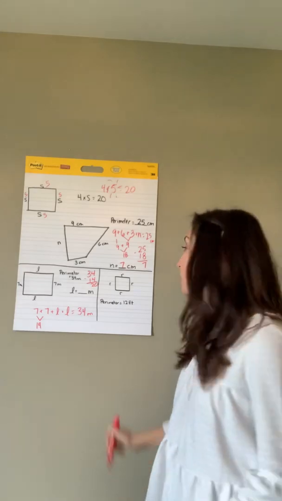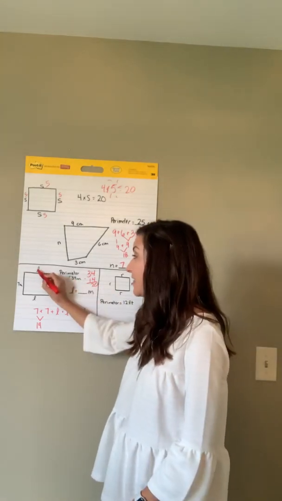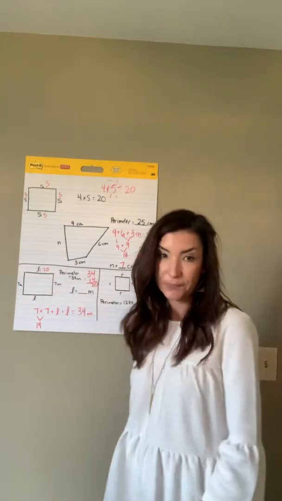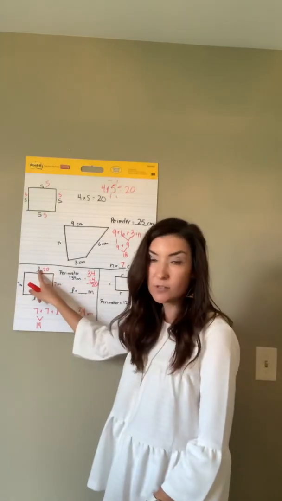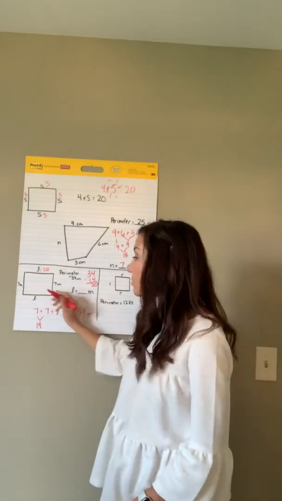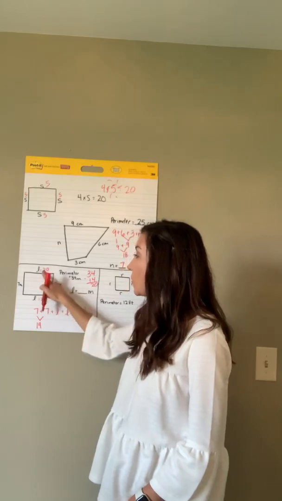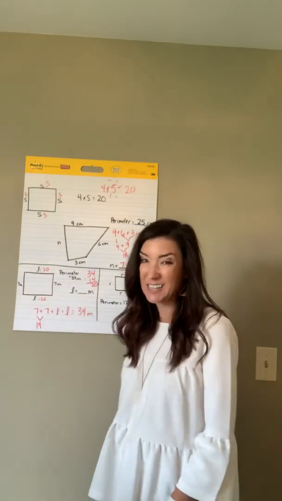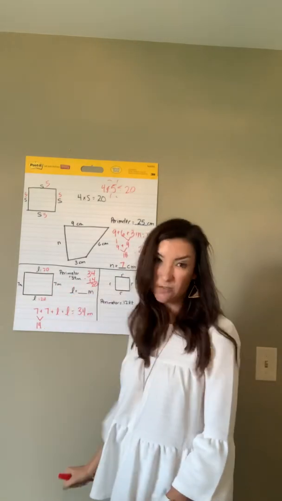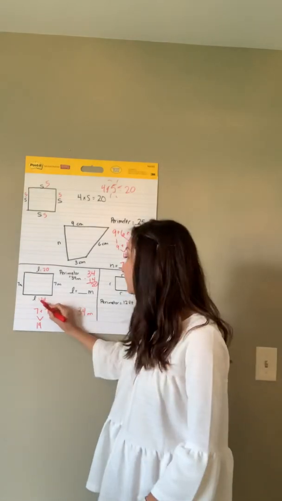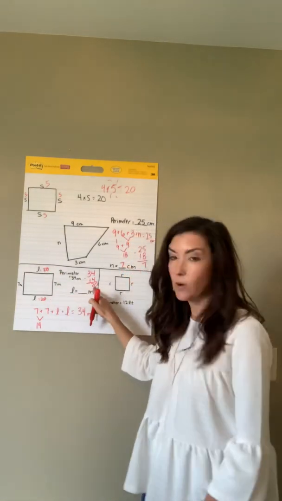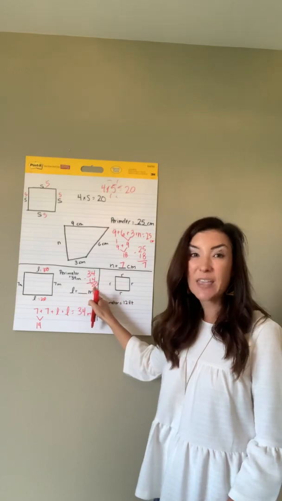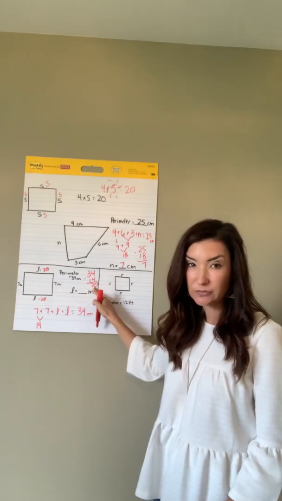But let's wait. We cannot just say that this L equals 20 because whatever this L equals, this L has to equal. So watch. If I say 20 plus 20 plus 14, that's 54. That is not 34. What are we going to do? We only have 20 to work with. So we have to divide that in 2.